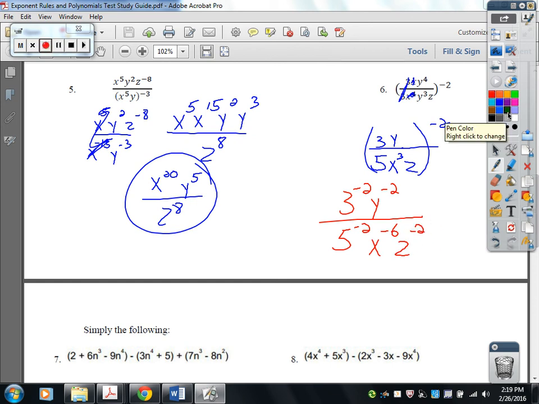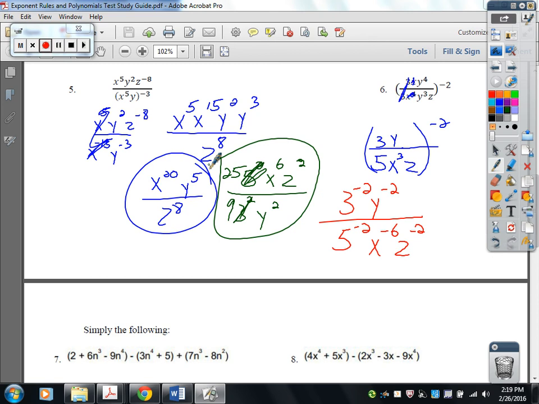All of these things have negative exponents, so they're all going to move. So this becomes 5 squared x to the 6th, z to the 2nd, over 3 squared y squared. 5 squared is 25. 3 squared is 9. So there's your answer. There's nothing more to do.